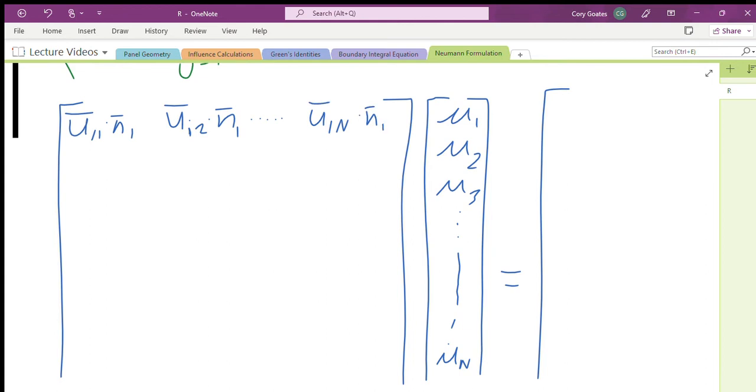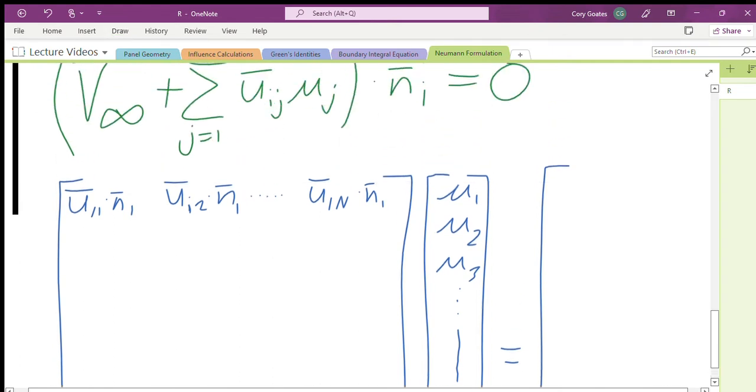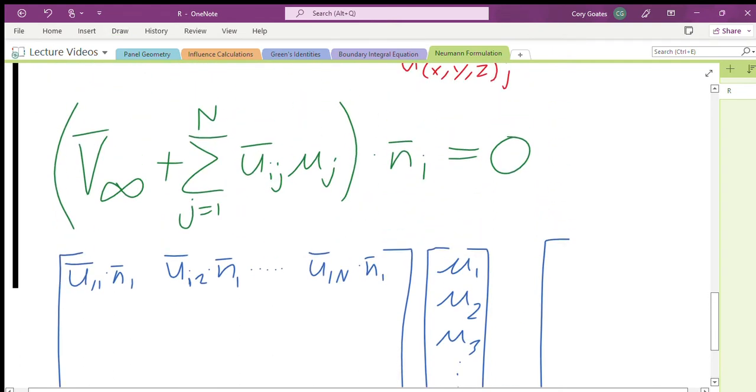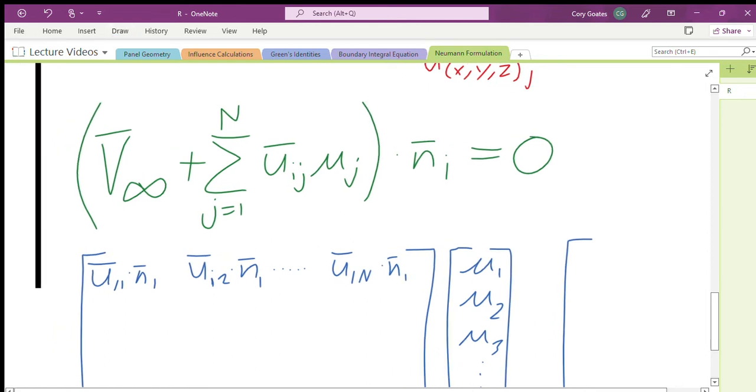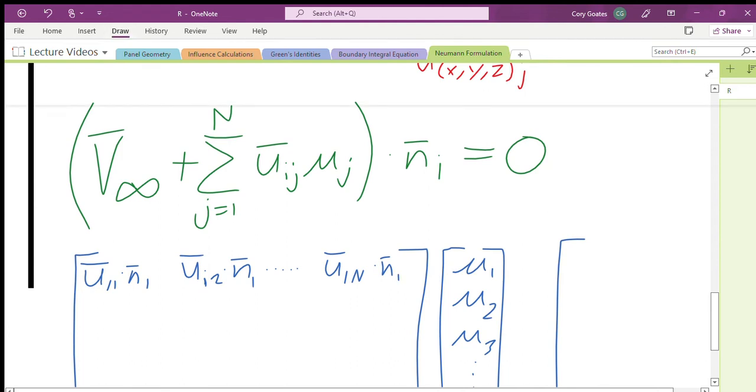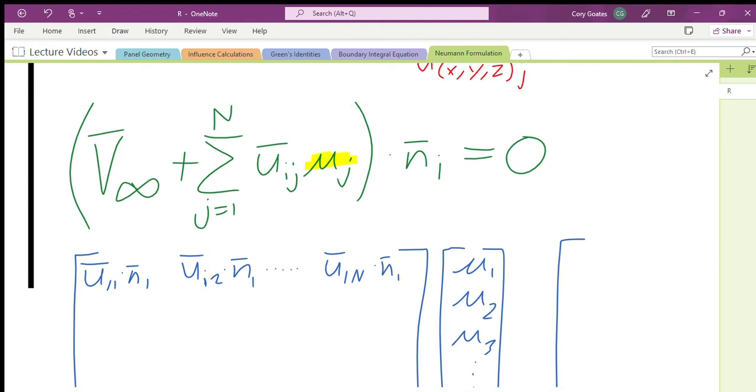Now you'll notice that I've missed one part, and that's our free stream velocity contribution. Now the thing is, all of our mu's are unknown. V infinity, we know what that is, as the input to our method, we're going to specify the free stream direction and the free stream magnitude. We're just going to put that in.